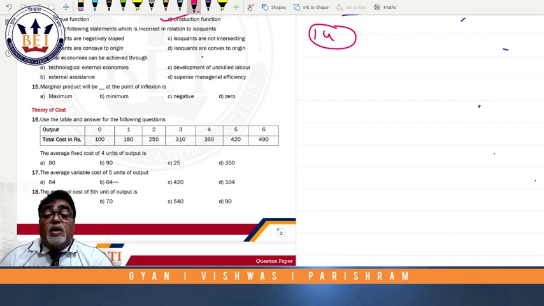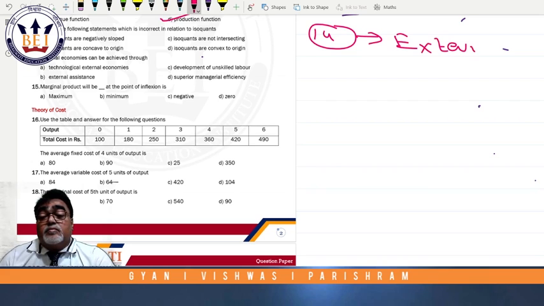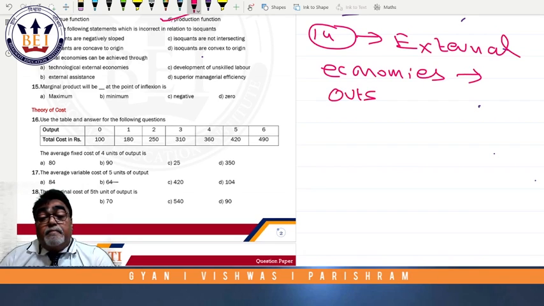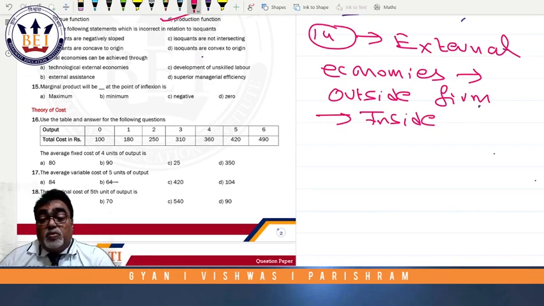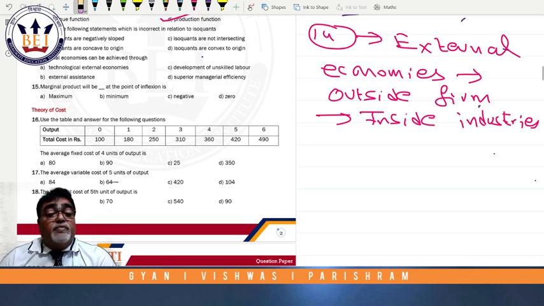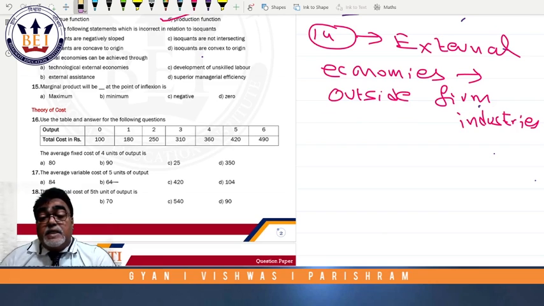External economies, in a simple way, means outside the firm but inside the industry as a whole. I repeat, outside firms but inside industries as a whole. Write properly.